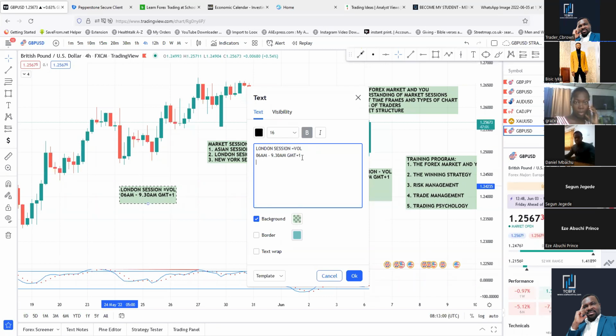Another section you want to look at is the closing section of London section. I'm saying that so that you can get it.